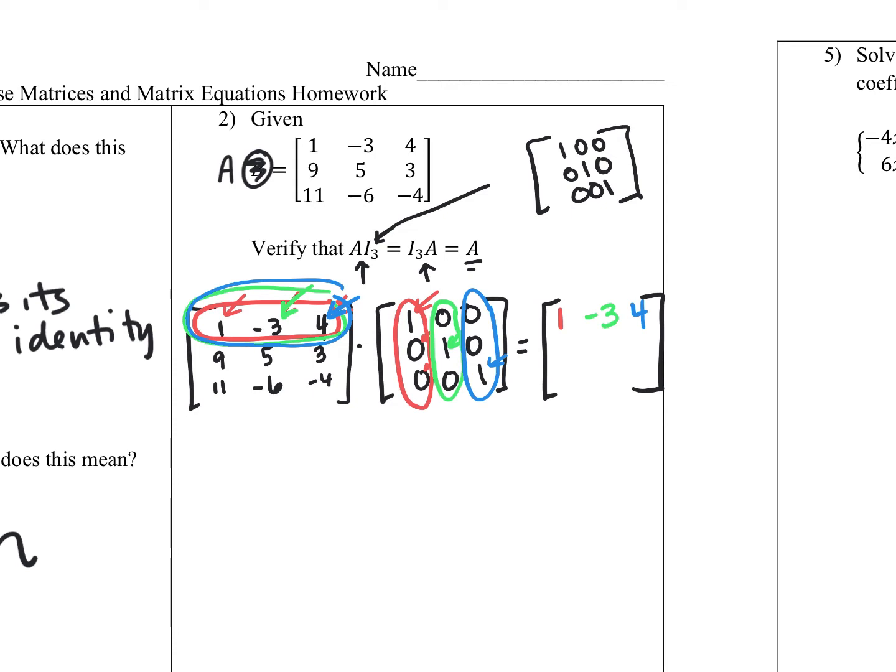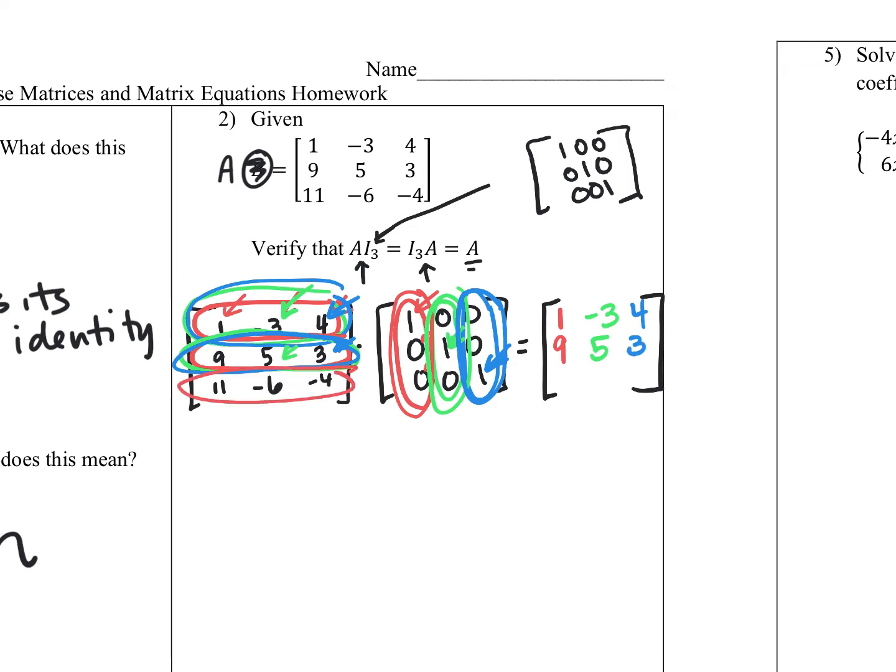And then we start all over again. So we'll do the second row this time. And we'll multiply by that first column. 1 times 9 makes us get 9. Then we'll multiply that row times that column. And again, the only one that's going to get us something is going to be that middle guy, which will be a 5. And then lastly, that same row times that last column is going to just do the 1 and the 3, which will make 3, because again, everything else will be 0.